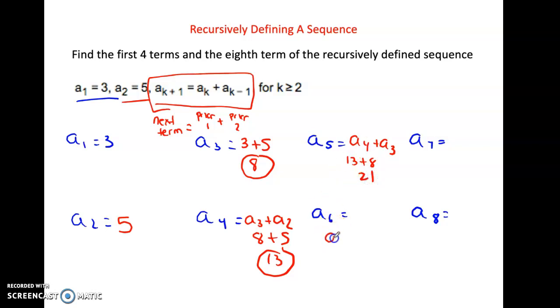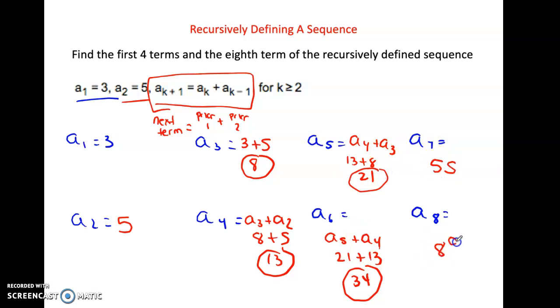And then just to keep going, it's a sub 6 equals a sub 5 plus a sub 4, which is 21 plus 13, which is 34. And then so on. So this is going to give me 55 and 89, which, by the way, guys, anyone familiar with Fibonacci sequence, this is it. You get the next number by the sum of the previous 2 numbers. That's actually how Fibonacci sequence is created.